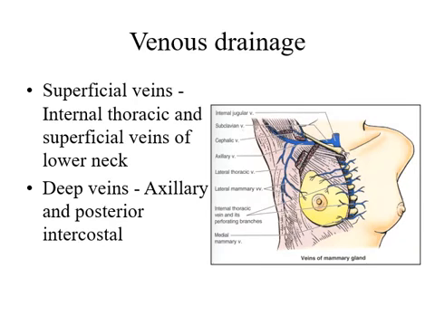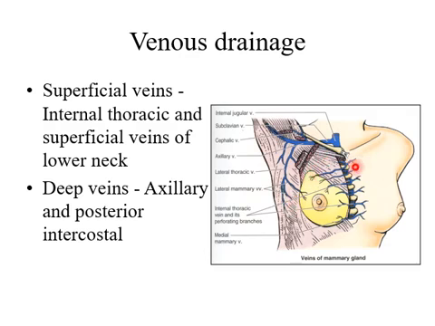Then veins follow the arteries, and there are two sets of veins: the superficial veins and the deep veins. The superficial veins drain into the internal thoracic vein and the superficial veins of the lower neck, and the deep veins drain into the axillary and posterior intercostal veins.